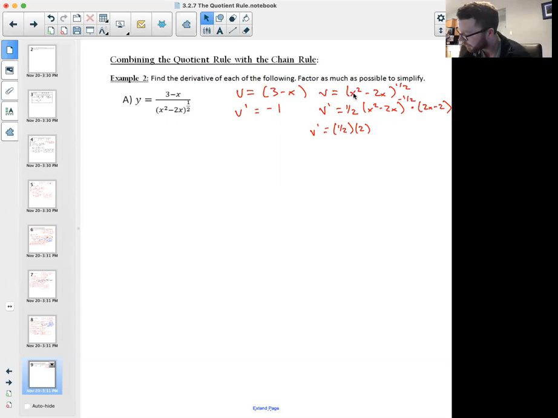So if we factored 2 from the 2x minus 2, we'll have x minus 1. And then we will still have the x squared minus 2x to the exponent -1 over 2 there. If we multiply these coefficients out front, 1 over 2 multiplied by 2 is just equal to 1. So we can get rid of that. There is our v prime.